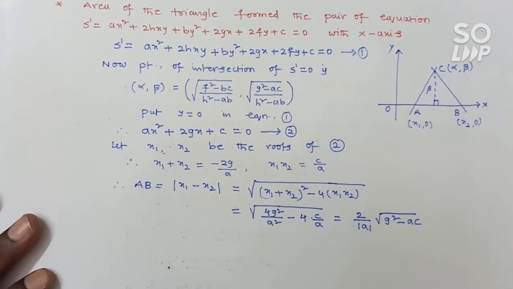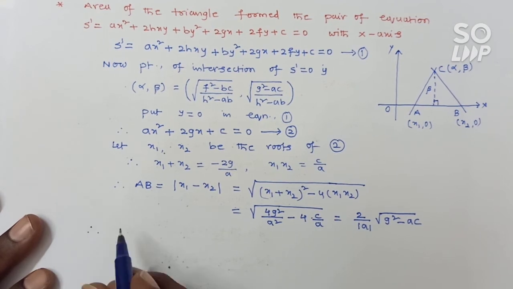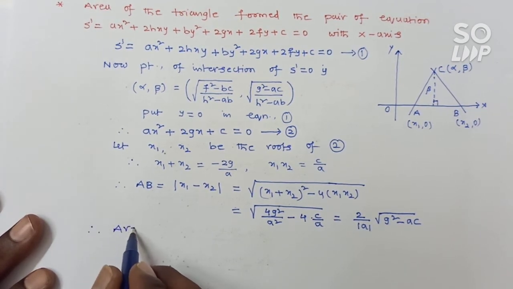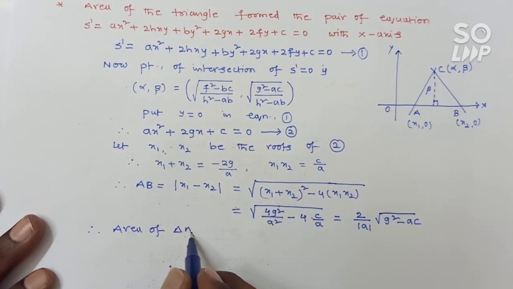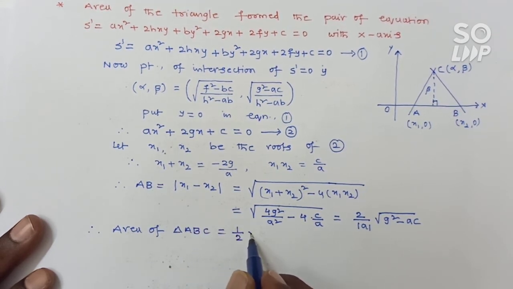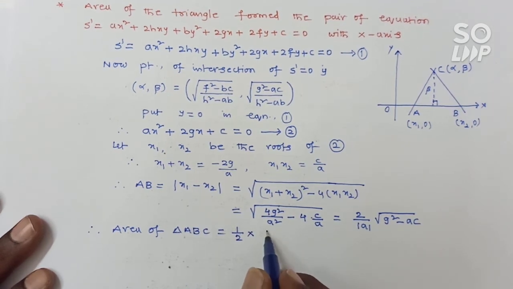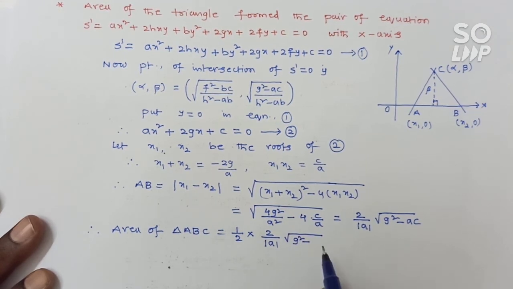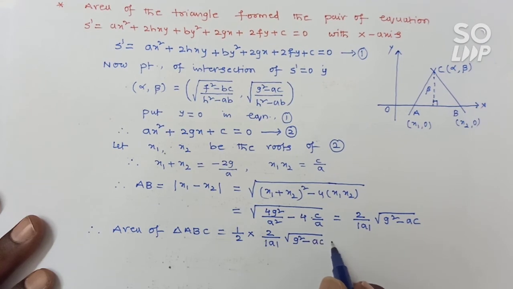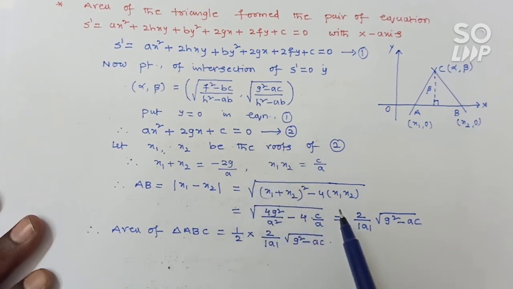So therefore area of triangle ABC is equals to half into base, that is AB. AB length is 2 by modulus of A into root of g square minus AC, into, here the height is beta. Beta value is the y coordinate.